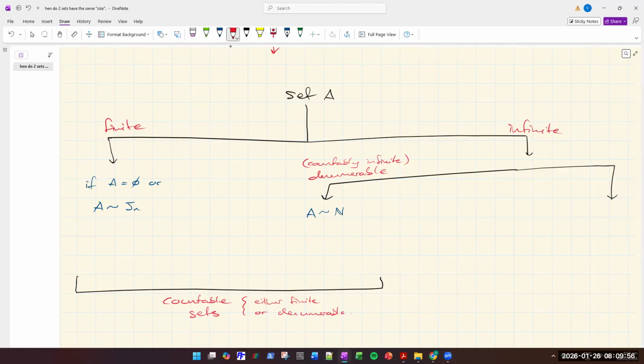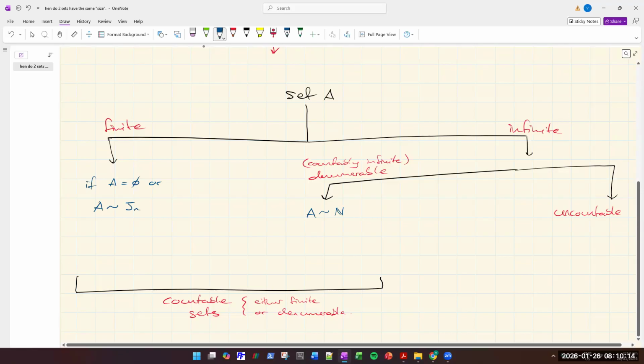And if you are not countable, then you are uncountable. So the uncountable sets go there. This is the picture we have so far in our classification of the different types of sets.